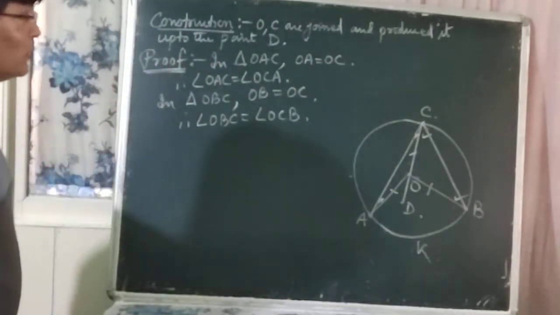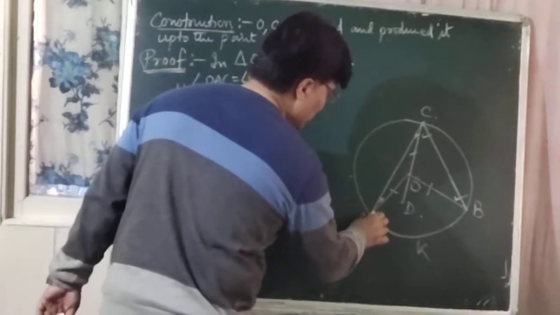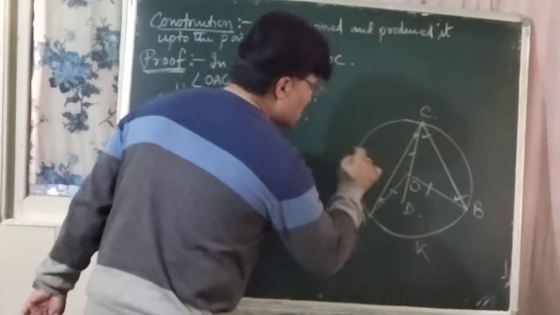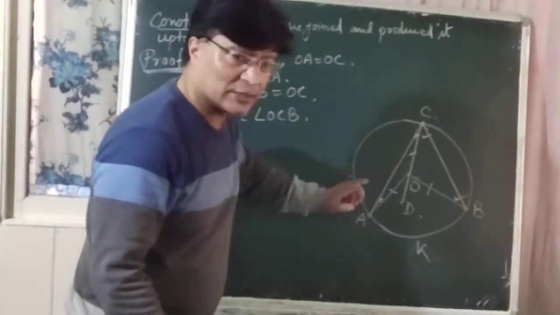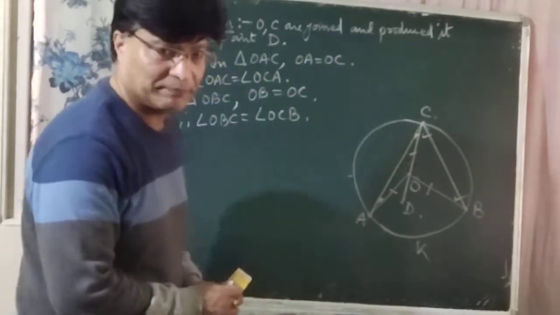So now what will you do now? Now this angle AOD is the external angle. OAC is a triangle, and this AOD is the external angle.